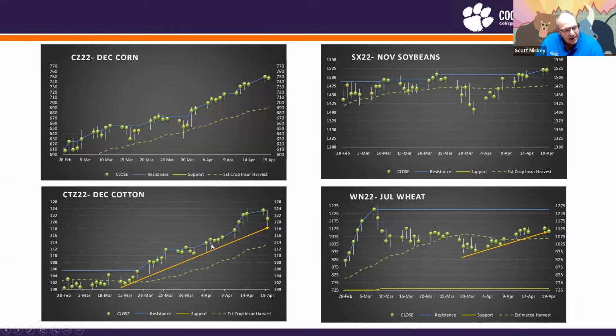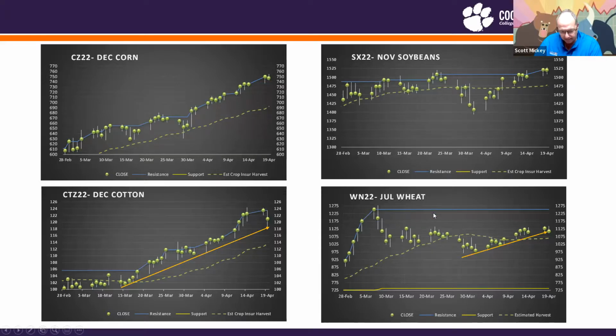And then it started higher in April and has been as high as $1.24, $1.25. Again, this is December 22 cotton, and having the opportunity to lock it in at $1.20, $1.24 is just a really interesting opportunity. It'll be interesting to see how many of our producers take advantage of some of these.